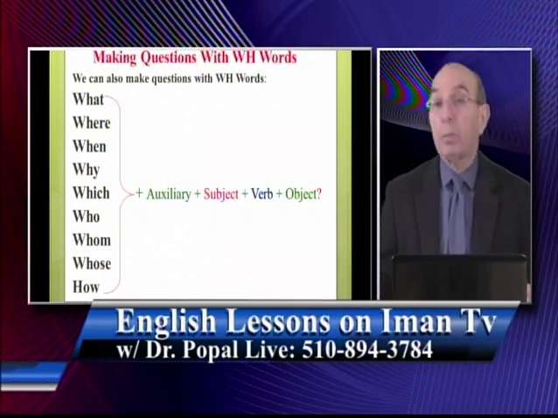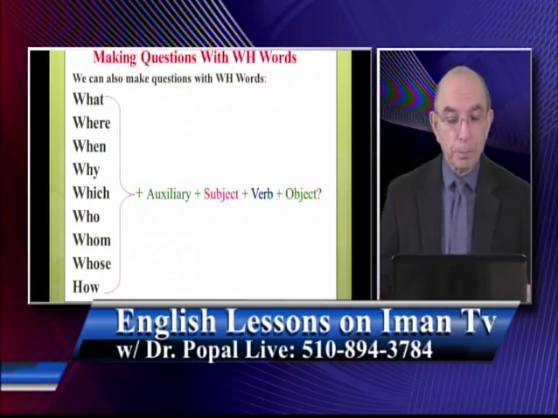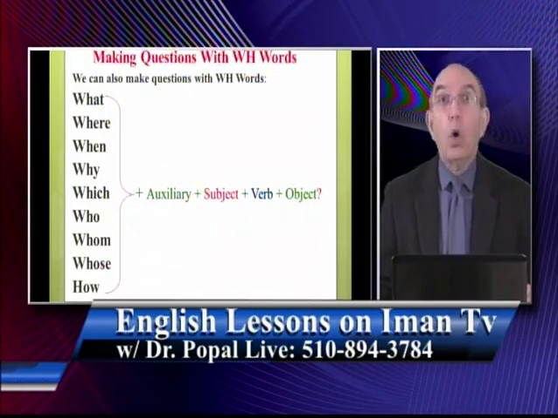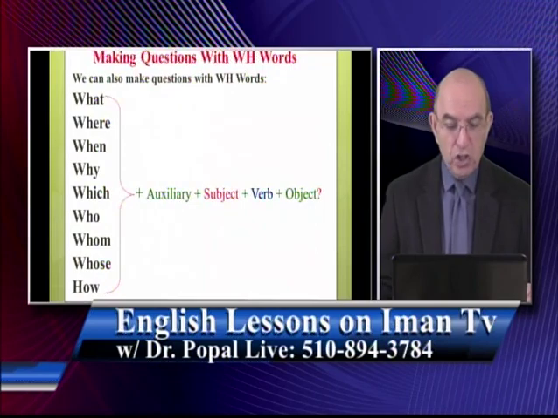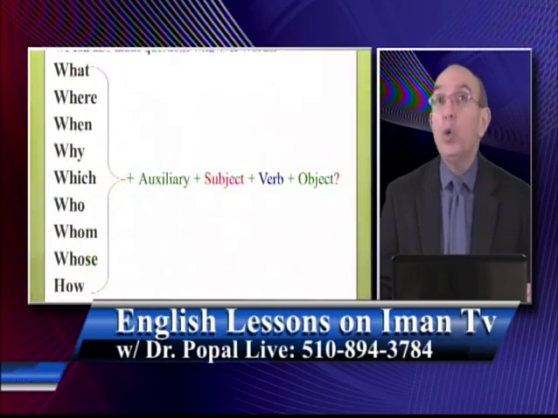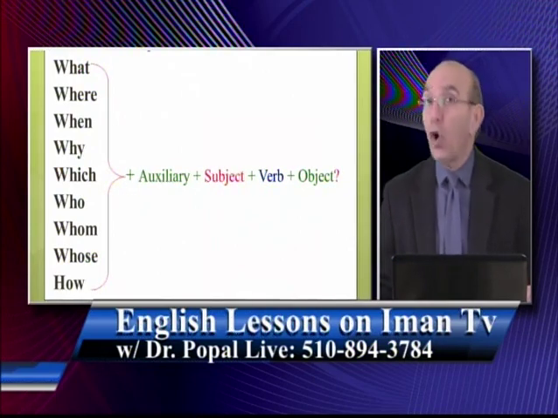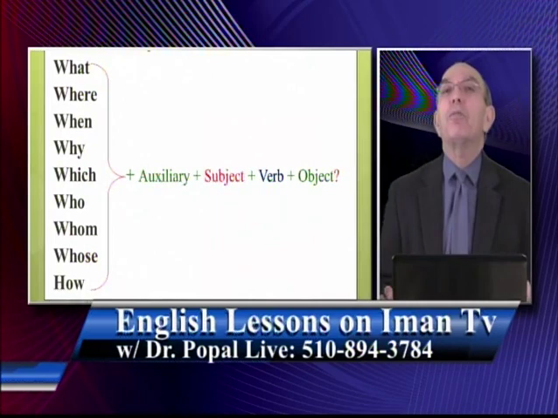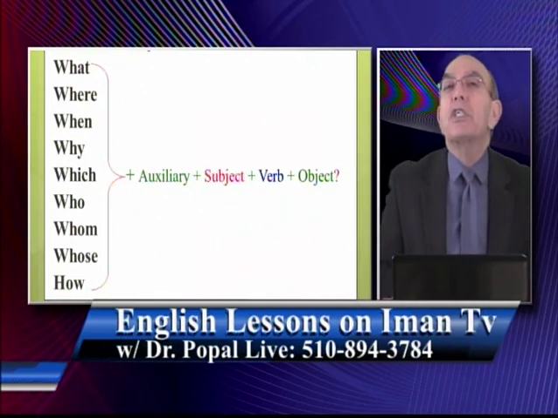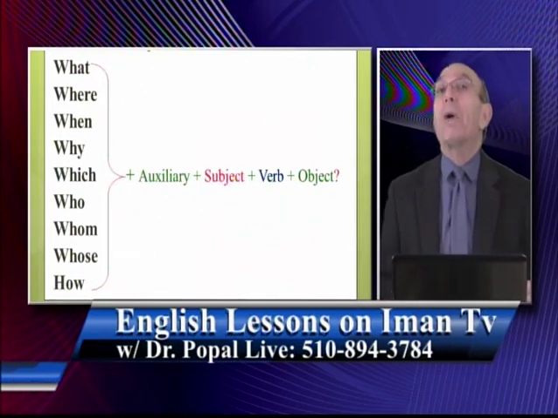So please repeat after me together. What, where, when, why, which, who, whom, whose, and how. We studied some of these before, but not all of them. So in every segment of my lesson, I try to include some of them and give you more practice.